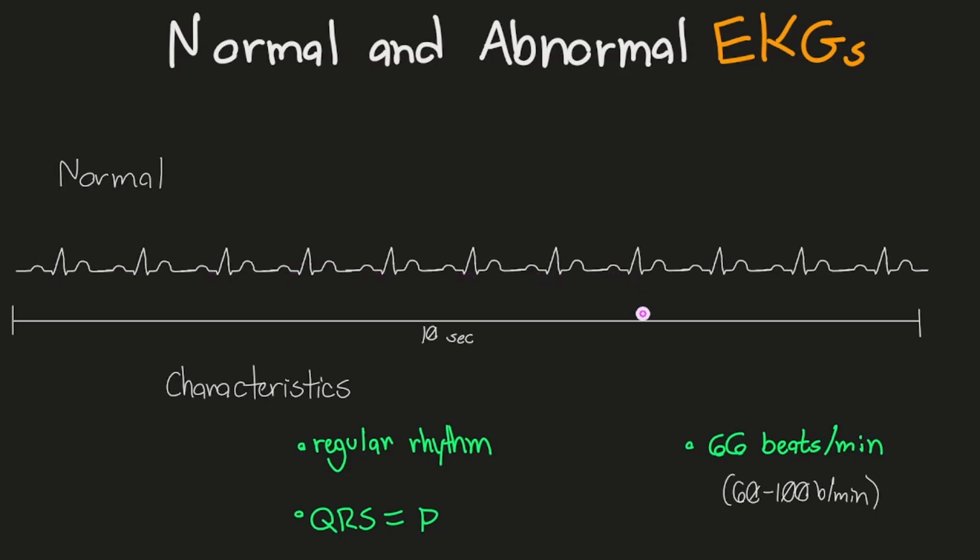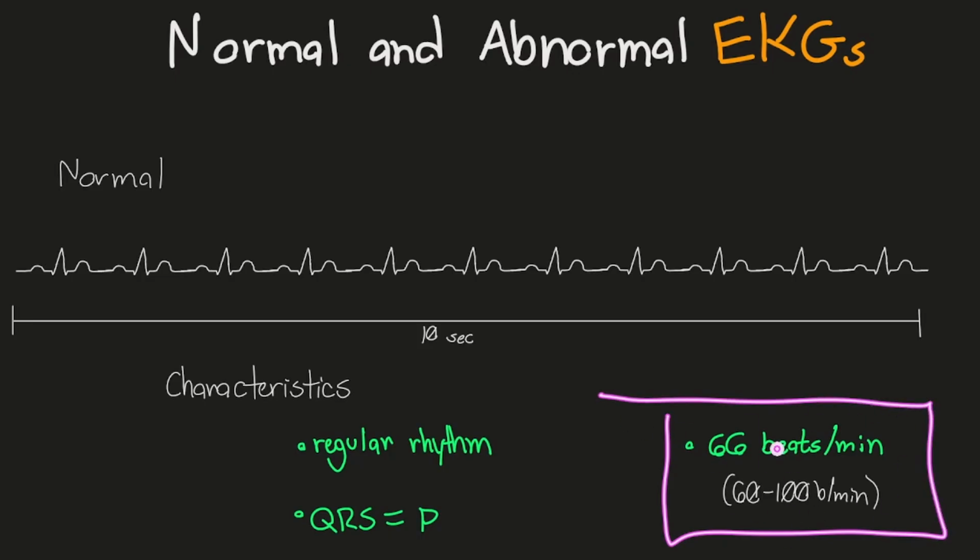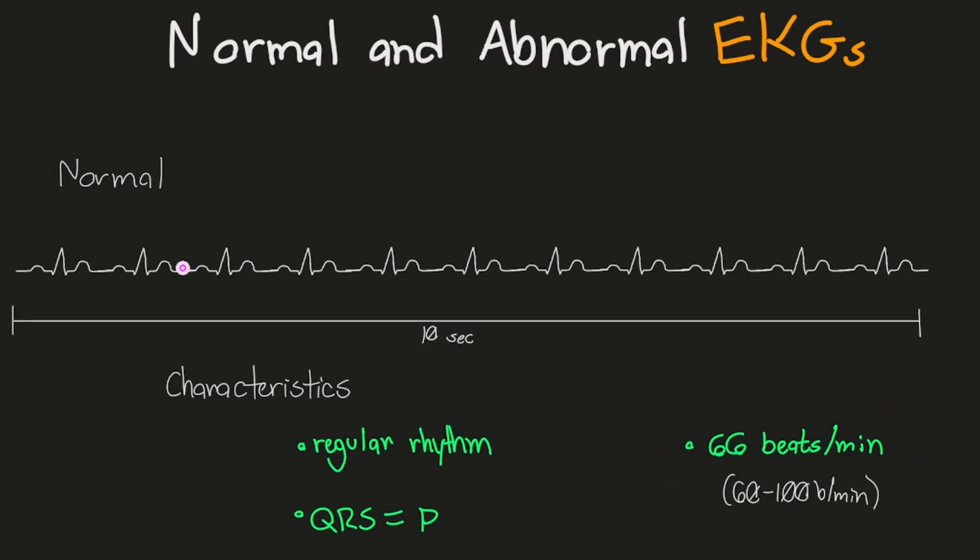And the two final things to see from this small snippet are that there's no drop in beats, no drop of a QRS complex or an entire beat whatsoever, and we have a normal heart rate range, which in this snippet is 66 beats per minute. If you count all these, there's 11, and then you take 11 times 6, and you get 66. Our normal range for a heart rate is 60 to 100 beats per minute.